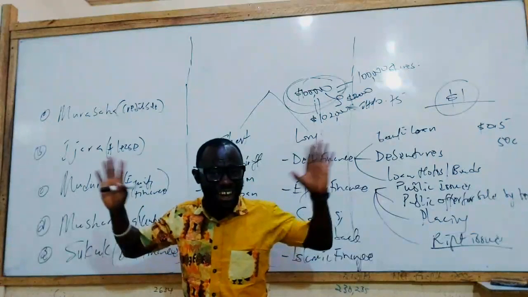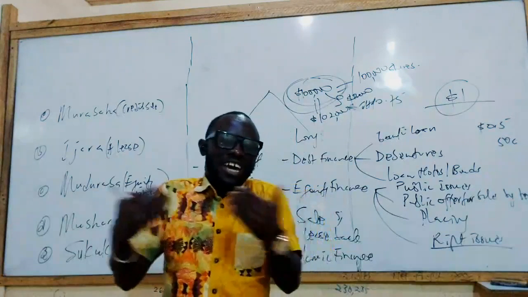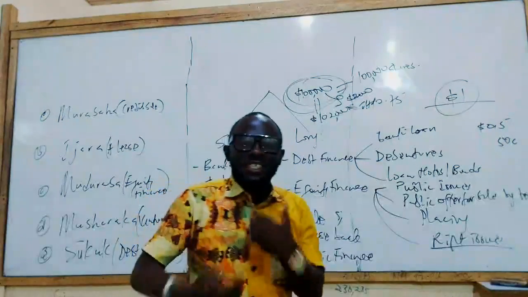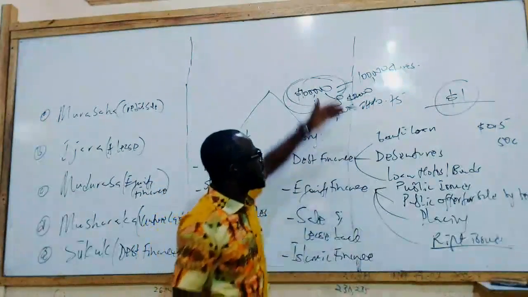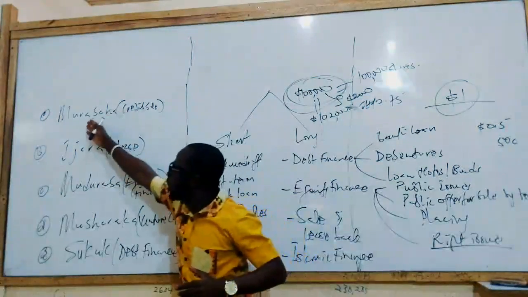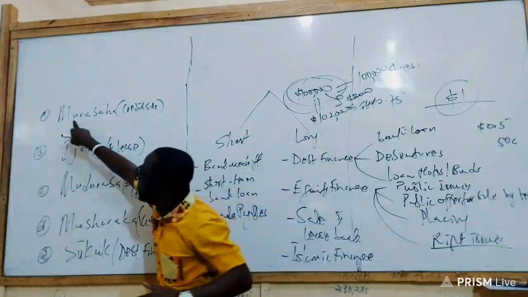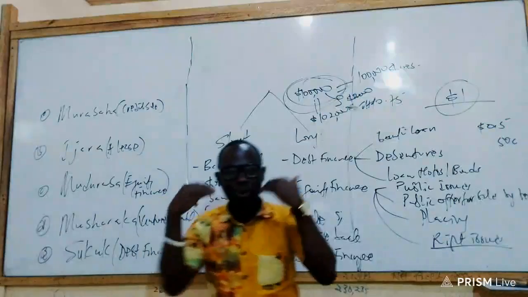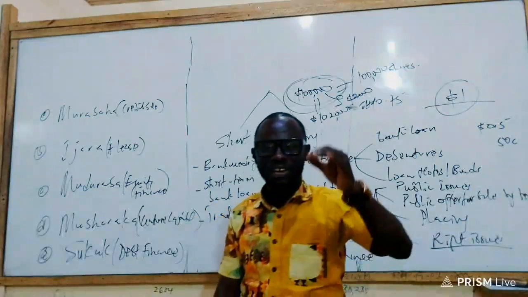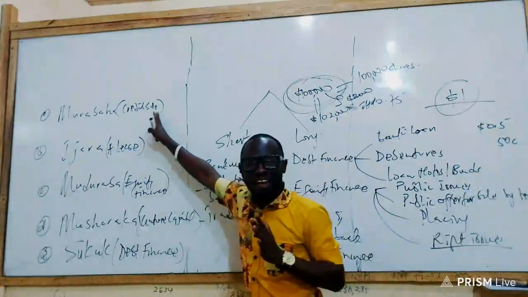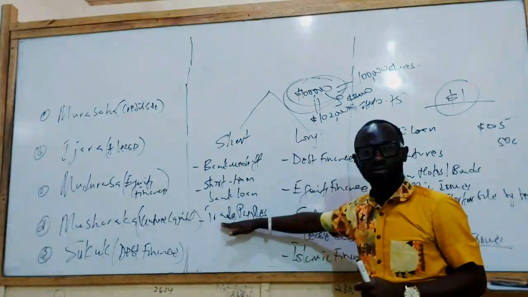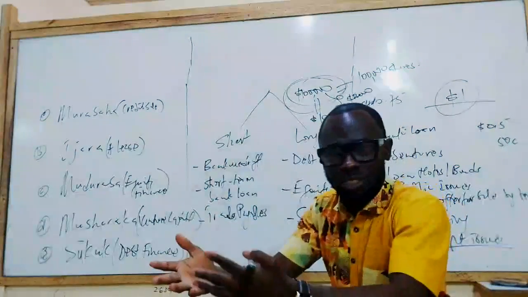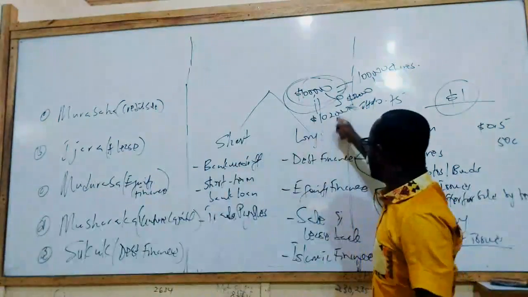I know somebody will say, that's how I know it's indirectly an interest. Yes, you will call it an interest, but in murabaha, we will call it what? The time value of money. So it is like credit sales, like payables. When you buy goods from somebody, does the person put interest?